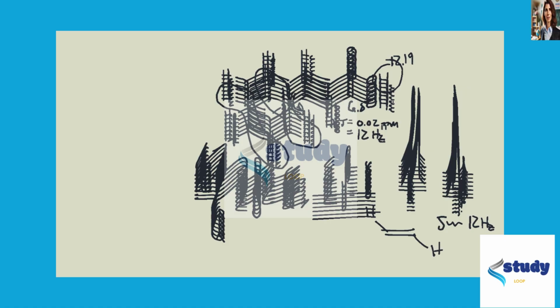Now we've got a little bit of a messy situation as we look between 7.9 and 7.4. Okay, 8, 7, 6, 5. Okay, and we notice that in between 7.4 and 7.5, we've got a messy multiplet that integrates to 3.